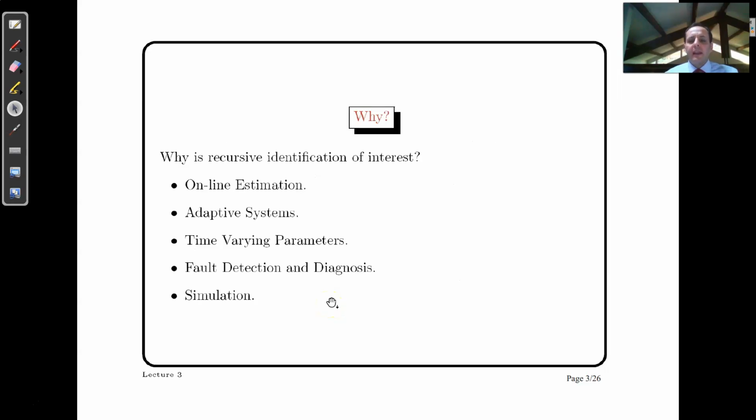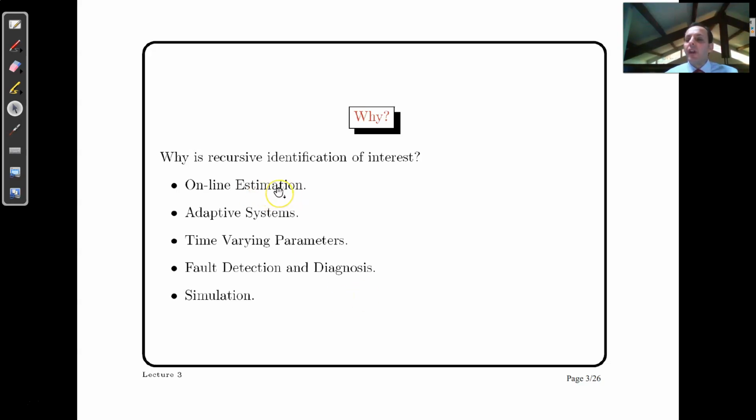So as we introduced in this lecture, why could we need recursive identification? The first motivation, as I already mentioned, was the need of an online estimation. Perhaps due to a change in the working condition of the process or the effect of a fault, the parameters of the process, of your model, are changing.